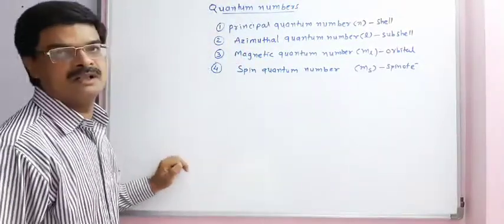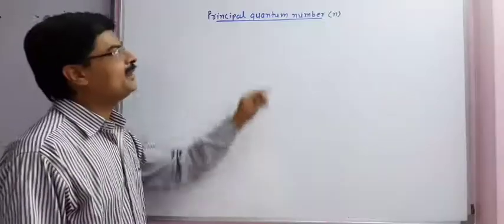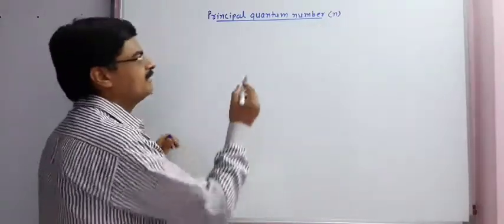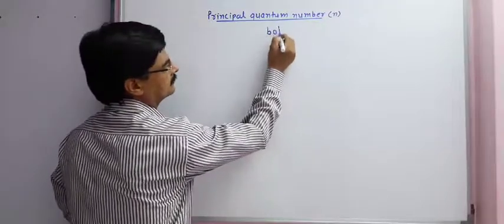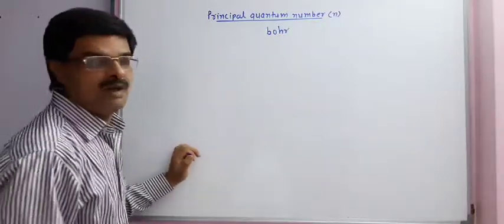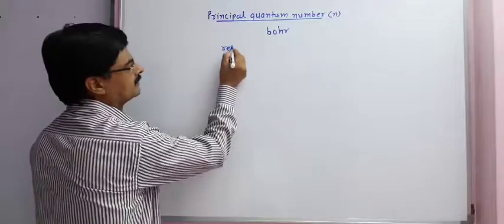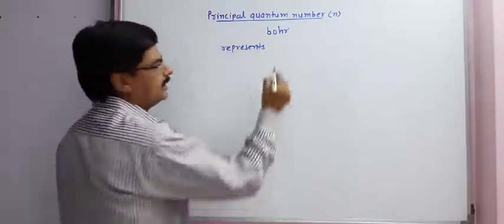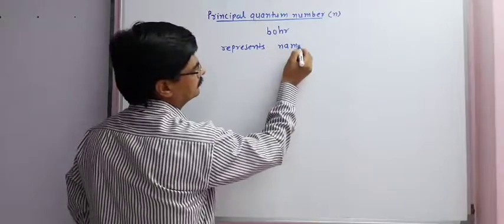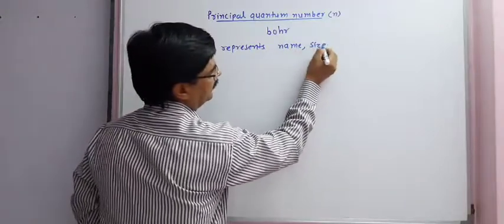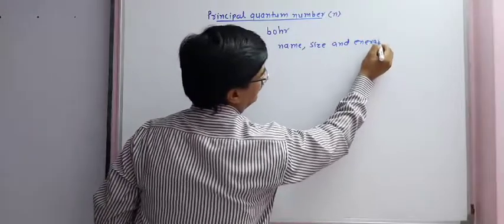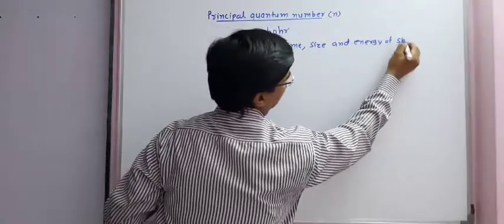First we understand about principal quantum number, denoted as n, and it was given by Bohr. Principal quantum number represents name, size, and energy of shell.